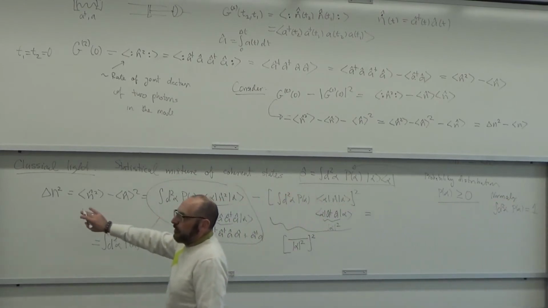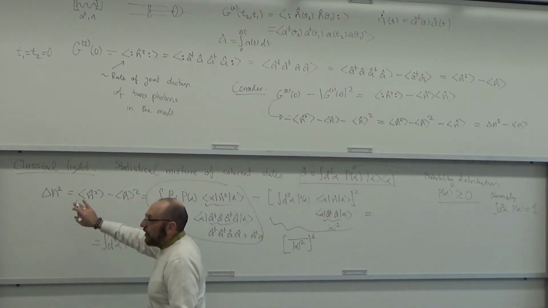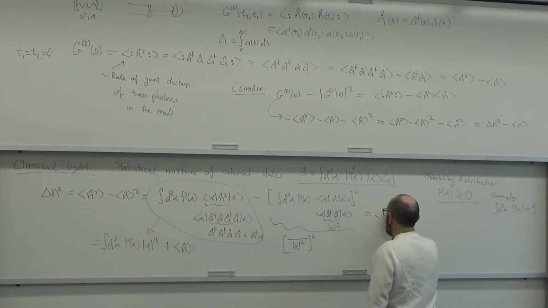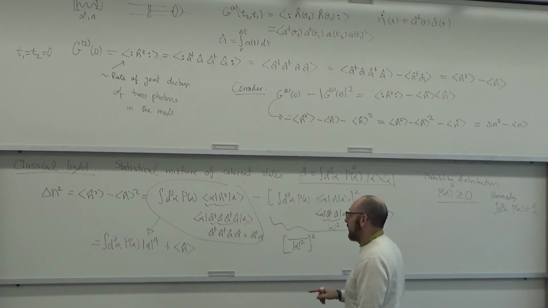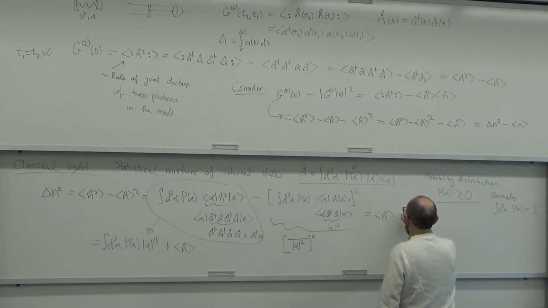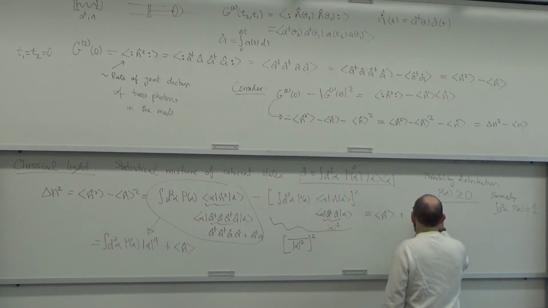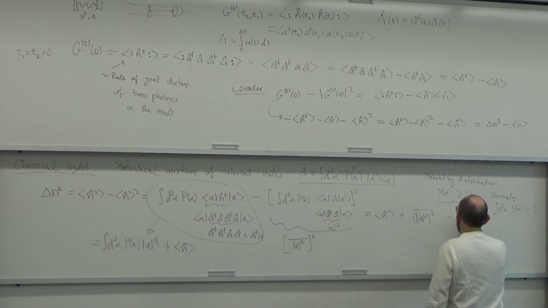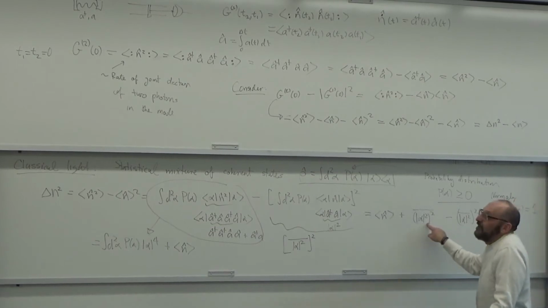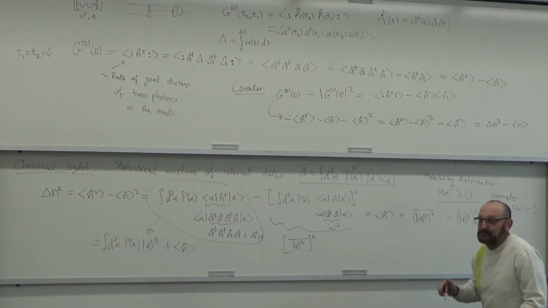For classical light, the fluctuation in photon number is equal to average n plus the following. It's equal to the statistical average of alpha squared, squared, minus the statistical average of alpha squared, squared. This is just another name for alpha to the fourth.